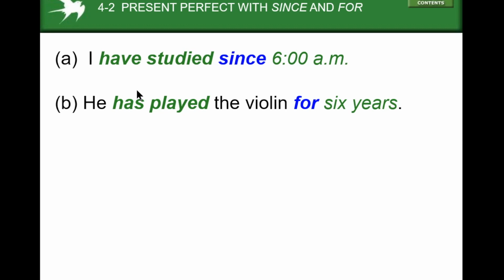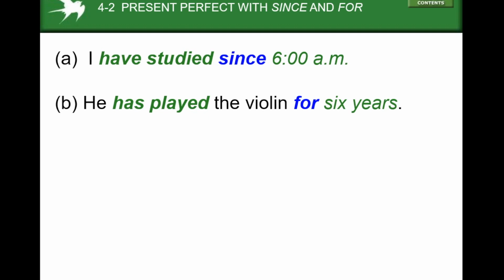Yes, has. But why is it has in this sentence? Terrific. Because with he, she, it, we use has as the helper verb, not have. So he has played the violin for 6 years.